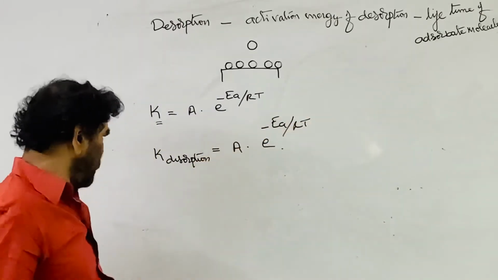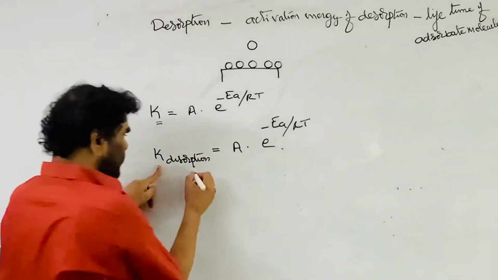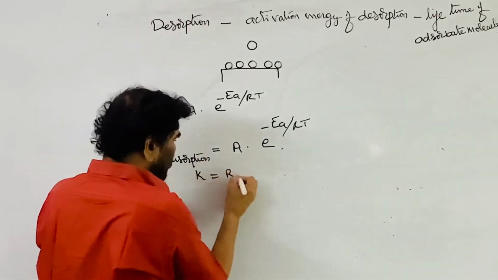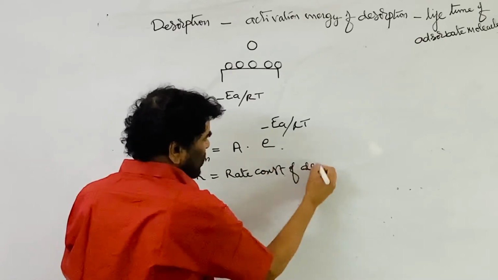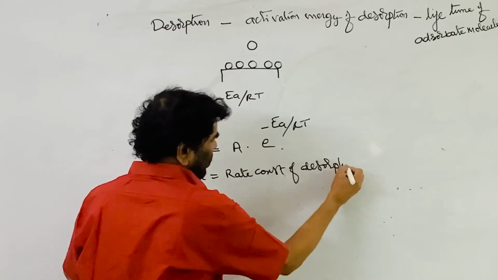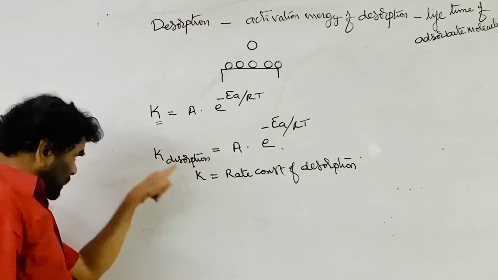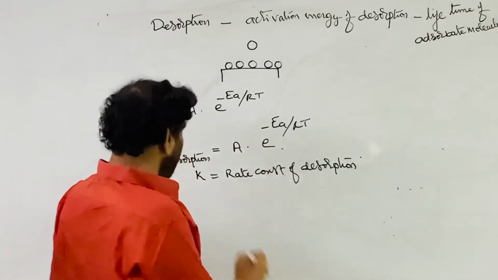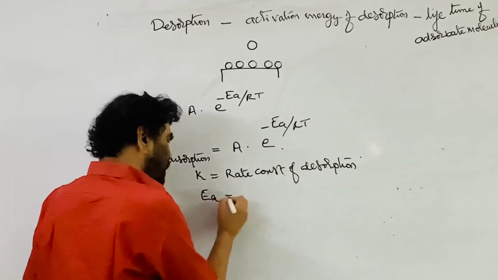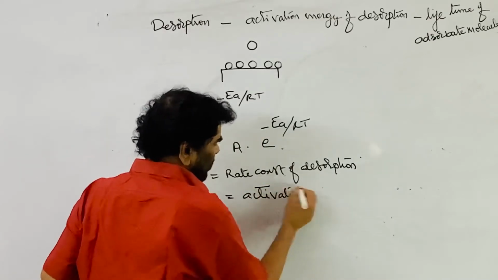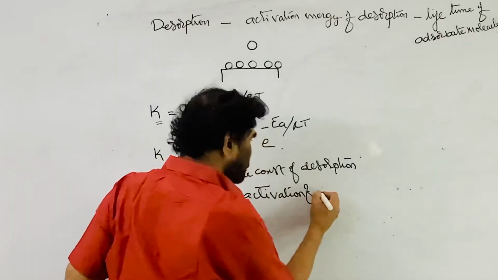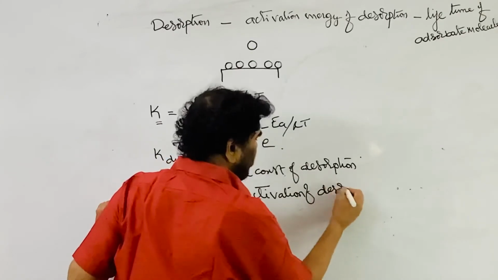Here K is the rate constant of desorption, and EA is the activation energy of the backward process, that is desorption.